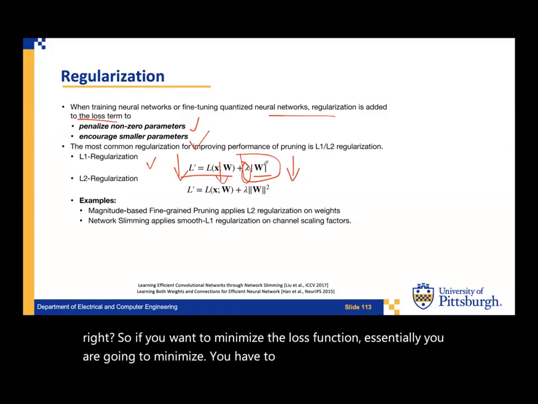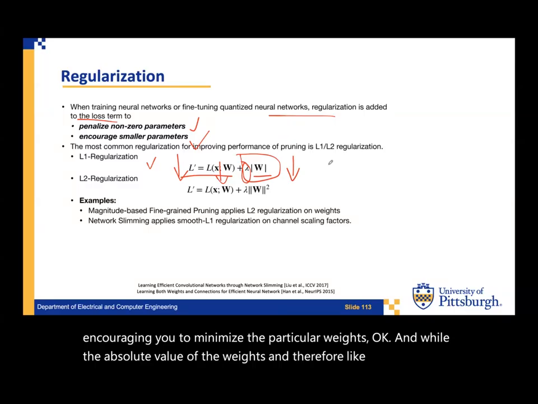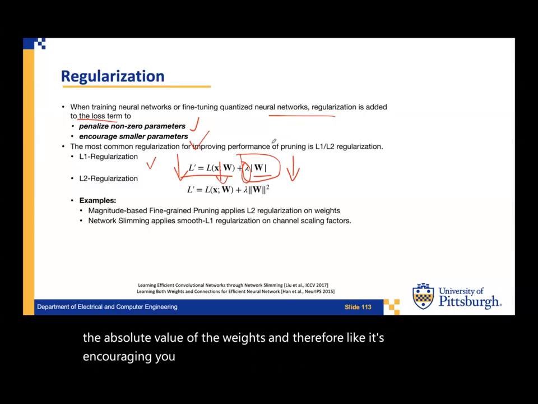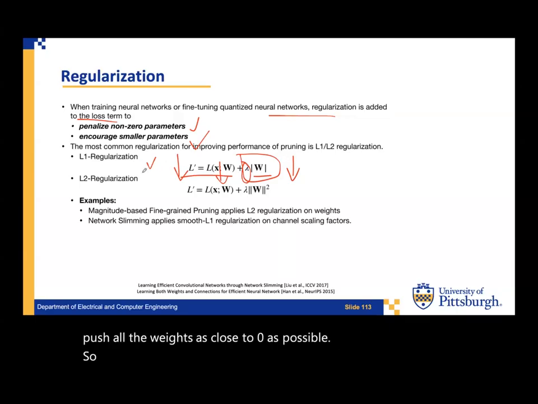So it's encouraging you to minimize the absolute value of the weights, penalizing non-zero parameters, and pushing all the weights as close to zero as possible. So that's the L1 regularization.